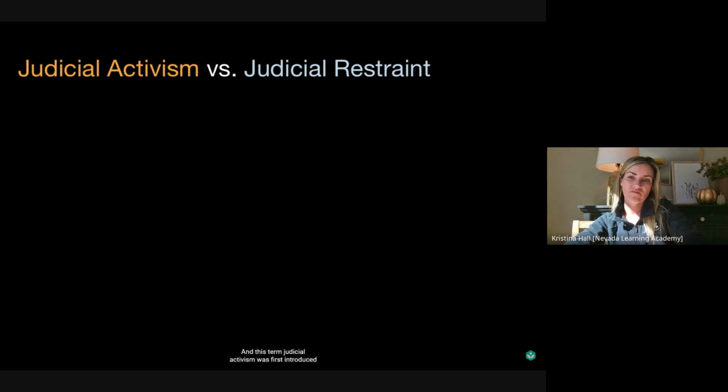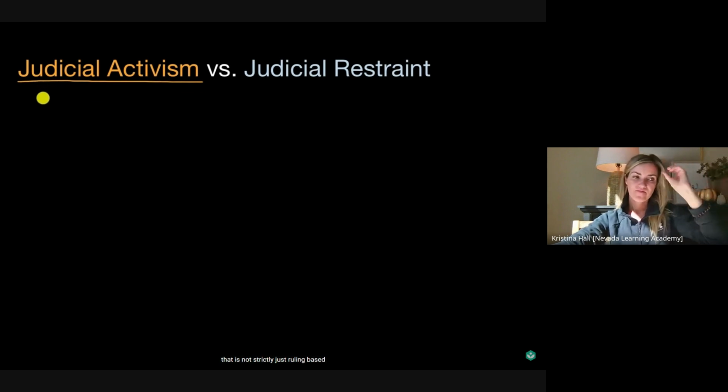This term judicial activism was first introduced by Arthur Schlesinger, who we've talked about in other videos. It's meant to imply a judiciary that is not strictly ruling based on what the Constitution says, but also on their own personal ideas, so personal views. It sometimes has an implication that the judges are overreaching in some way.